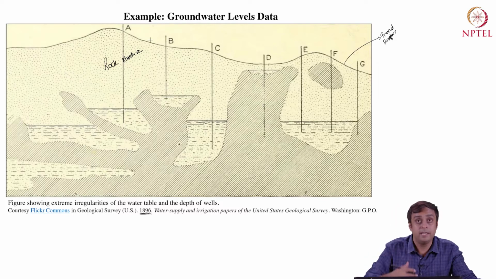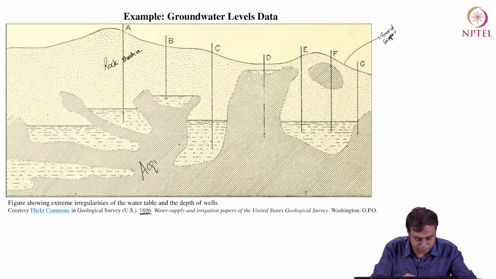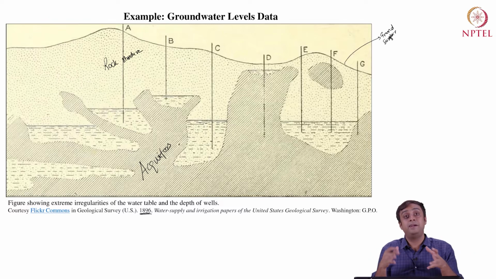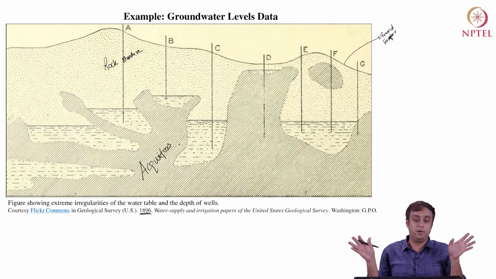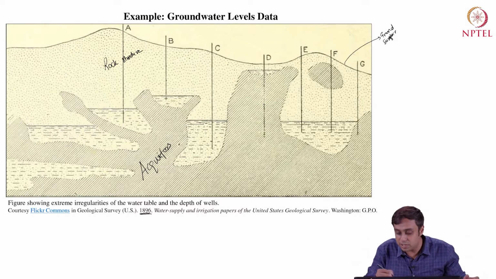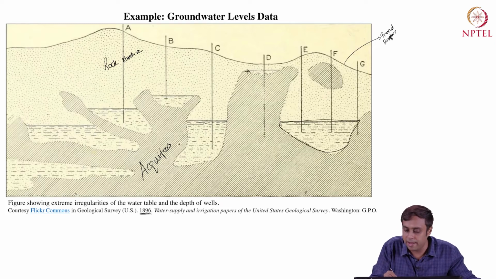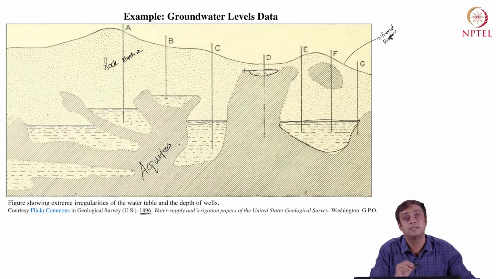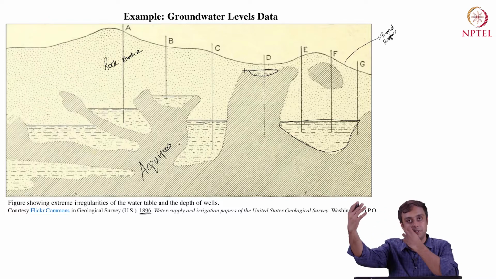And beneath the dotted area, the rock structure, we have what is called the aquifer. Aquifer by itself is extremely irregular. The way it exists is that it stores water at times as tubs which are large in size, or as tubs which are small in size at different elevations.